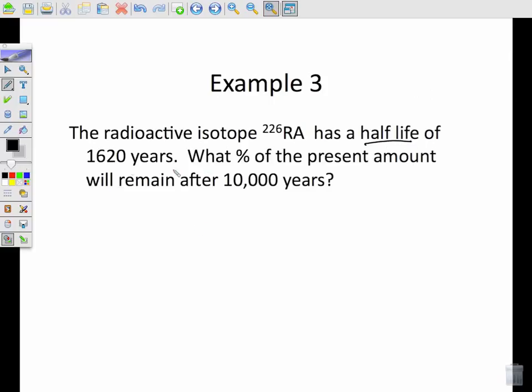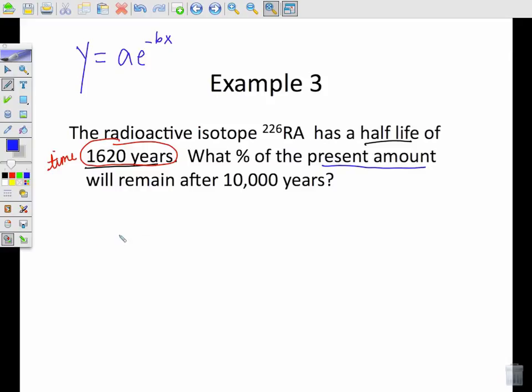The radioactive isotope 226Ra has a half-life of 1620 years. This 1620 years is the time it takes for something to be half of. What percent of the present amount will remain after 10,000 years? We need to write a model. Half-life would be decaying, y equals a e to the negative bx.